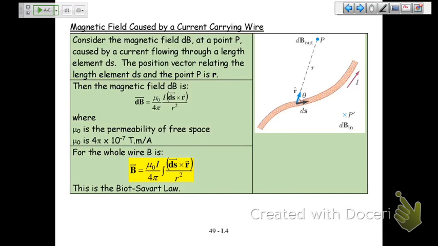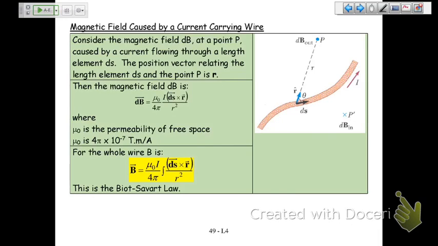Biot-Savart. So, okay, we know that when a current flows through a wire, it creates a magnetic field. That's how electromagnets work. Okay. So we'd like to know what the relationship is between the current flowing through the wire and the geometry of the wire's shape and a point in space.